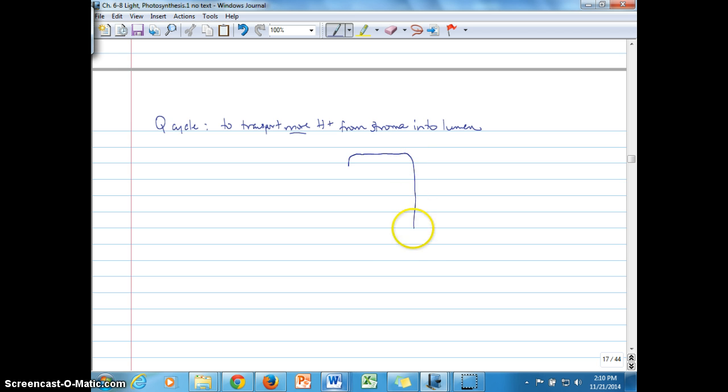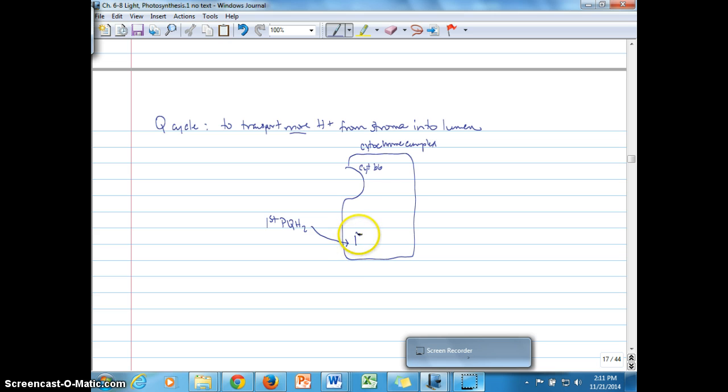So let's say that we're drawing here the cytochrome B6F complex. We've got this binding site here called cytochrome B6. So here's the cytochrome complex. All right, so within the thylakoid membrane we've got our first PQH2 that's diffusing through the membrane, and it reaches the cytochrome F site where the iron nearby it reaches the iron sulfur complex in the cytochrome complex here.